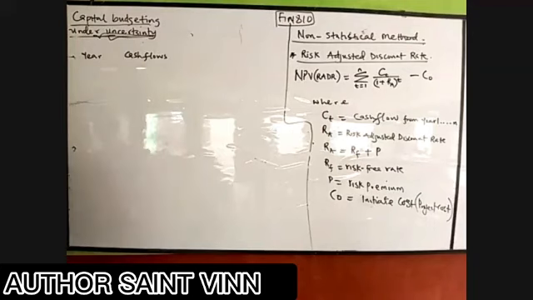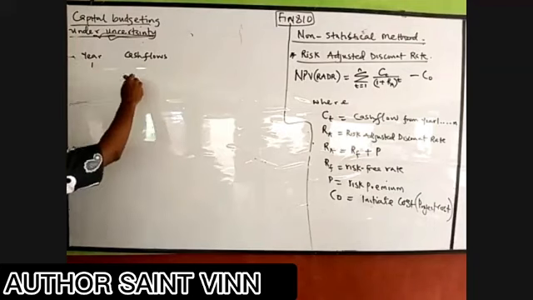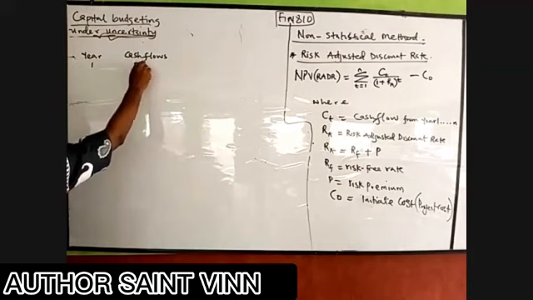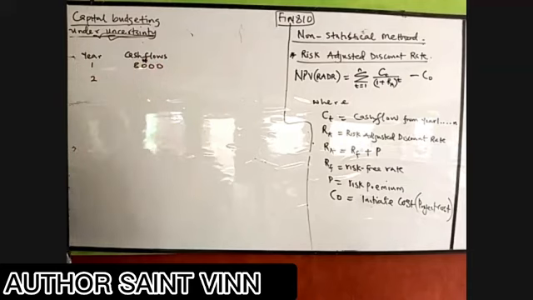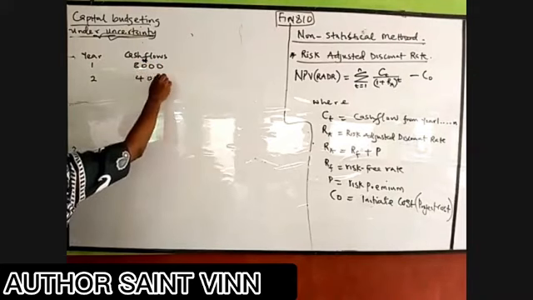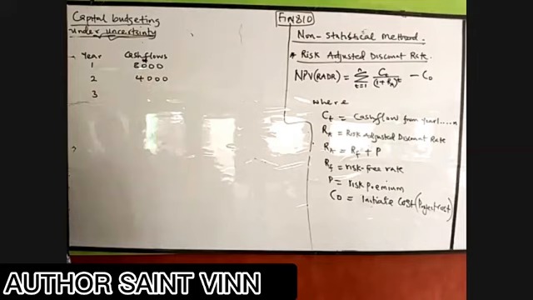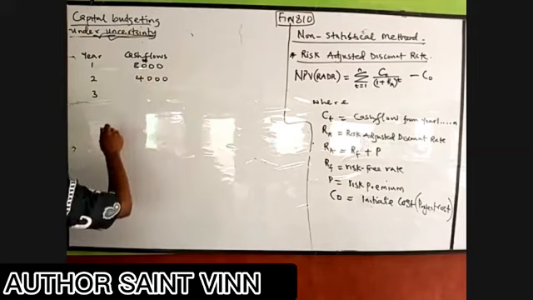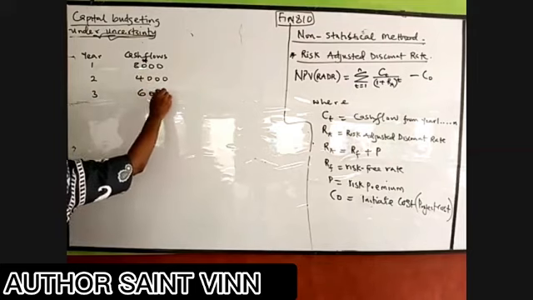Are you there? Year 1, 8,000 naira. Year 2, 4,000 naira. Year 3, 6,000 naira.